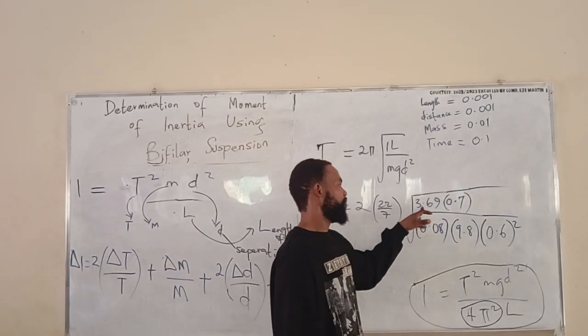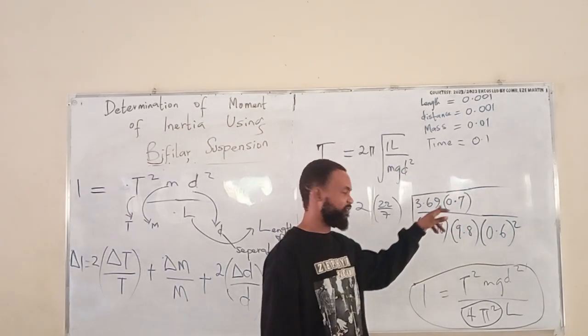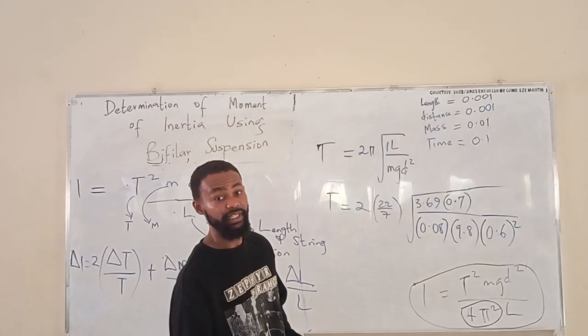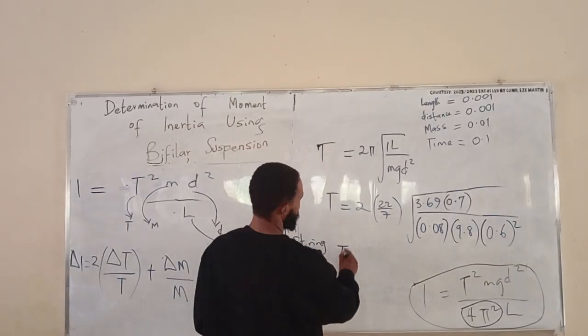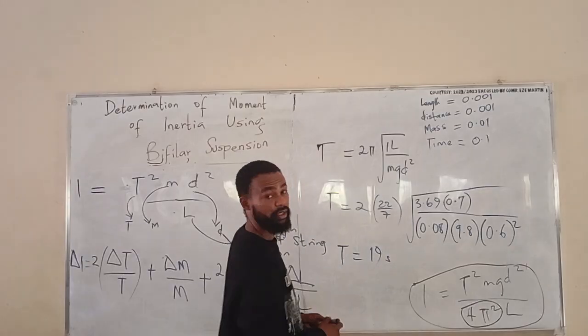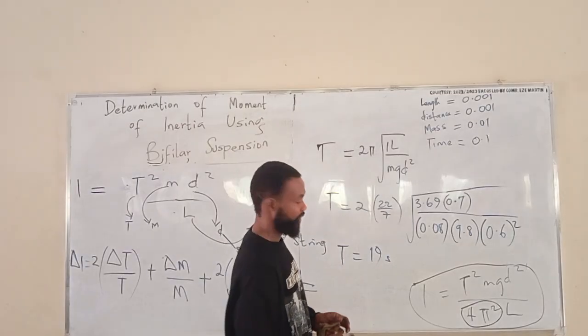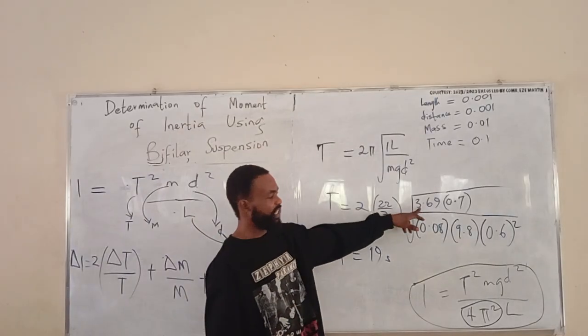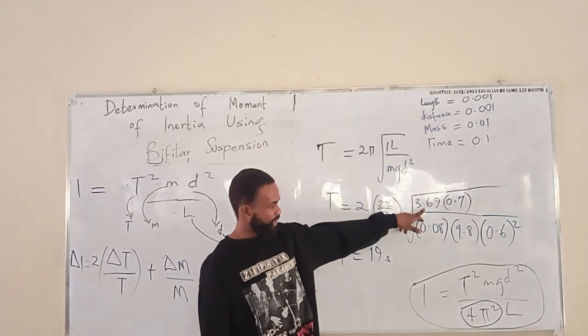Then do the root of 3.6 times 0.1. What do you have? 19. So your T is equal to 19 in seconds. So you see, what actually affected our value is this.